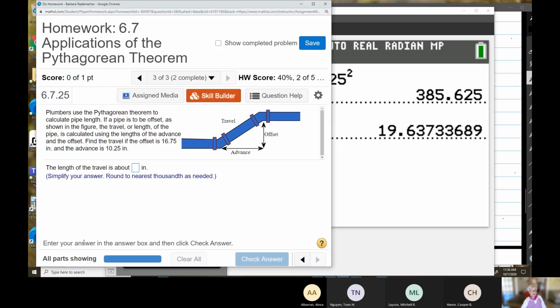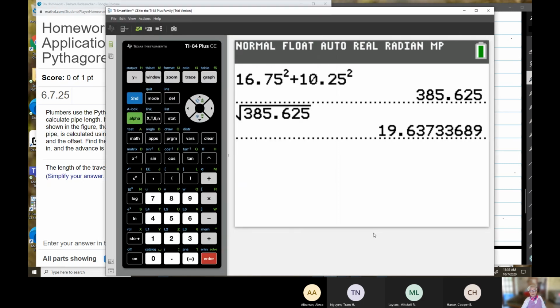And it wants it rounded to the thousandths place, which is 3 decimal places. So I count over 1, 2, 3 decimal places. The number in the 4th decimal place is smaller than 5. Therefore, it will not cause the 7 in the 3rd decimal place to get rounded up to 8.